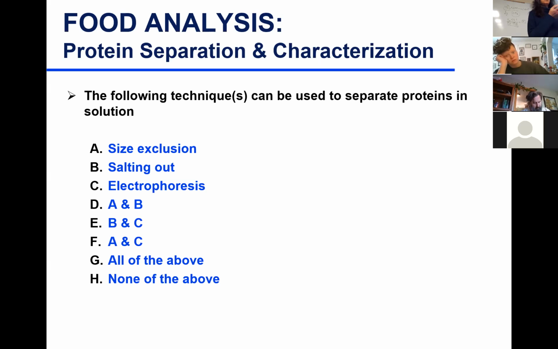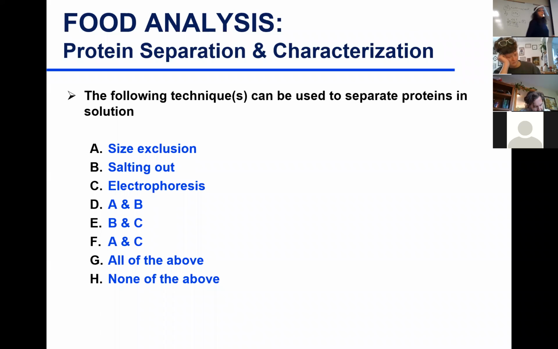Because protein A and protein B are different in their net charge. So some proteins at low salt concentration will precipitate, while others require a little higher salt concentration to precipitate. So we can separate them from a solution by salting out, by changing salt concentration.